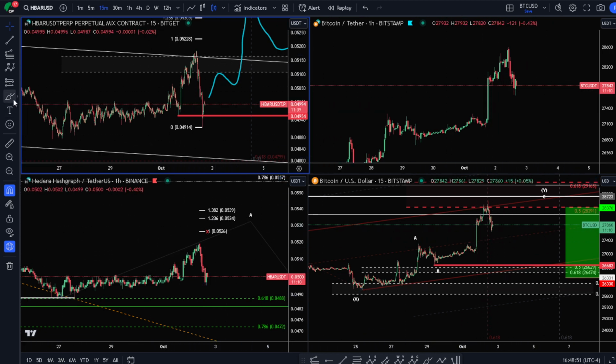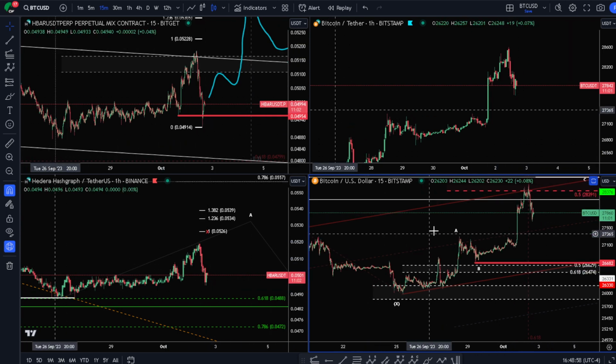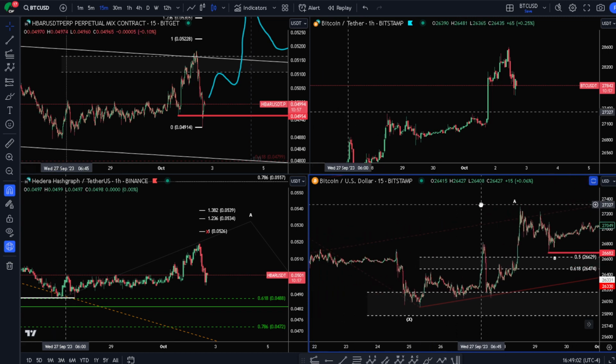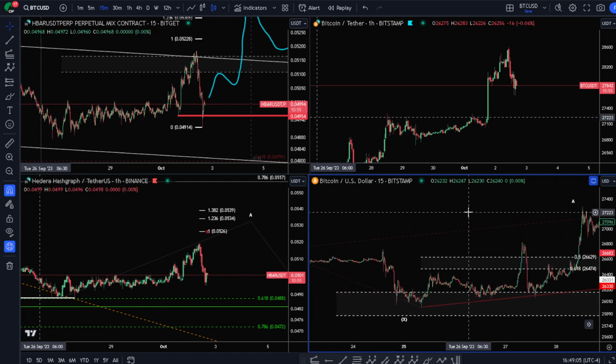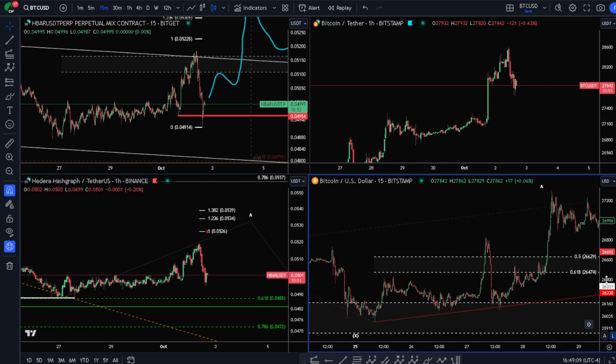But first of all, I wanted to compare you here to see how this can become a larger A, even with a huge sell-off like this. And that's with Bitcoin. This is how we can end up getting very complex patterns to the upside.